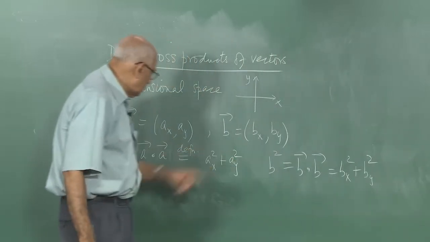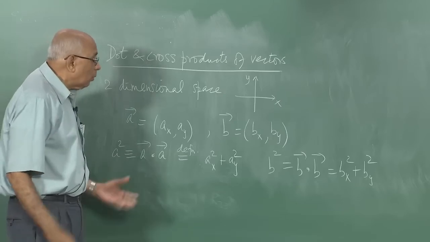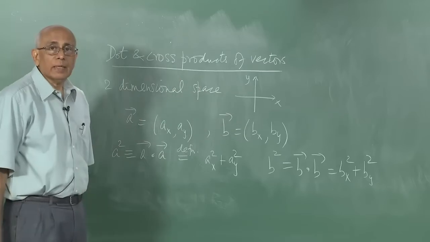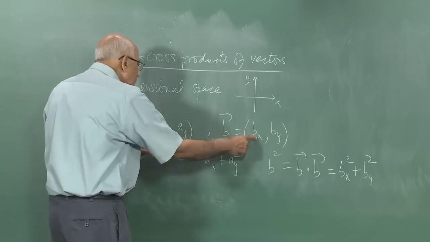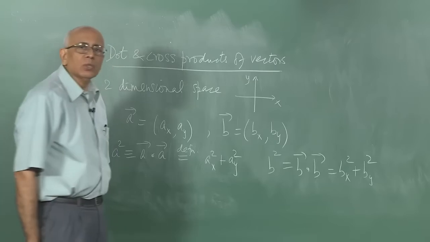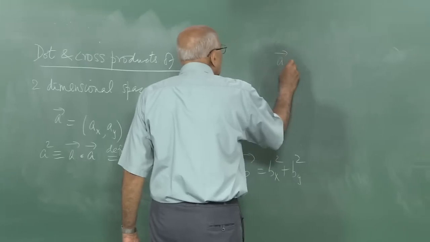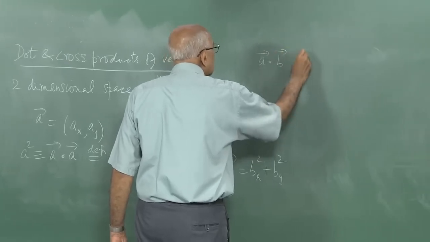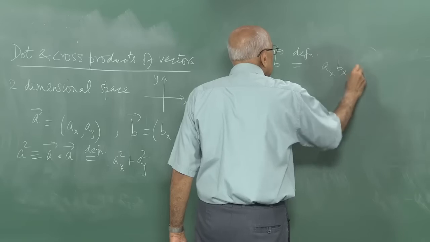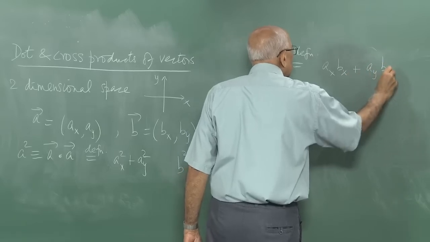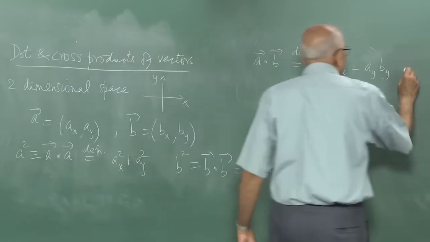This is a scalar, that is a scalar here. But now again using those trigonometric transformation laws, it is not hard to see that a_x b_x plus a_y b_y is also a scalar in exactly the same way, and this is written as A dot B, defined as a_x b_x plus a_y b_y, okay, and this is a scalar.